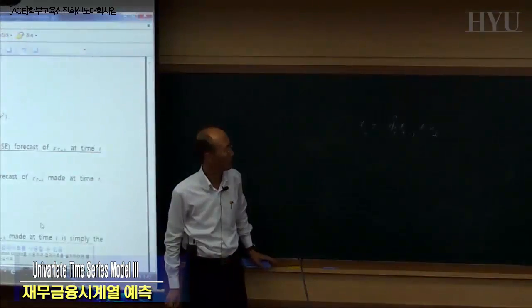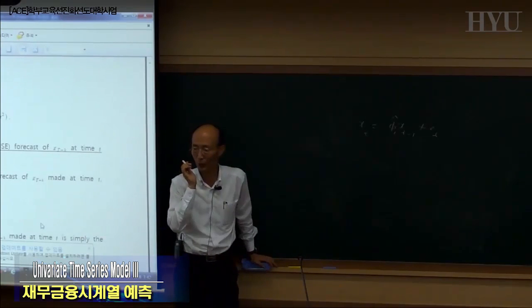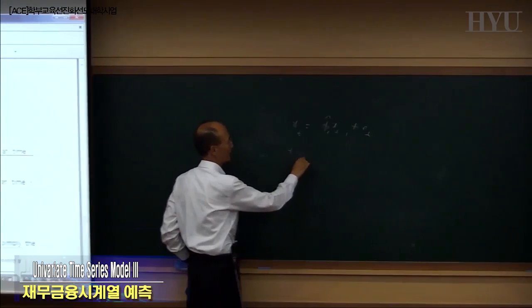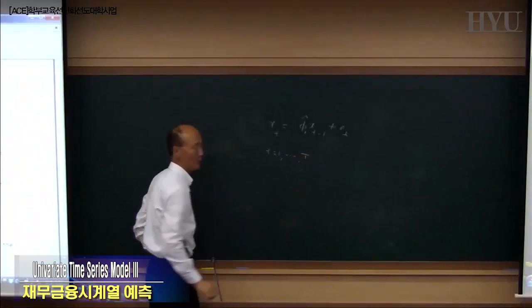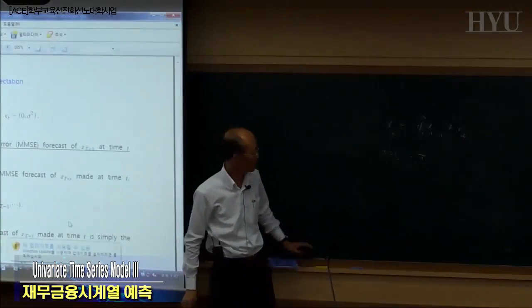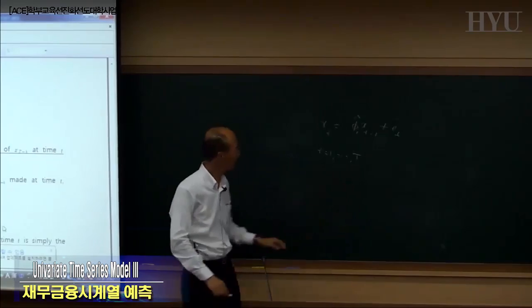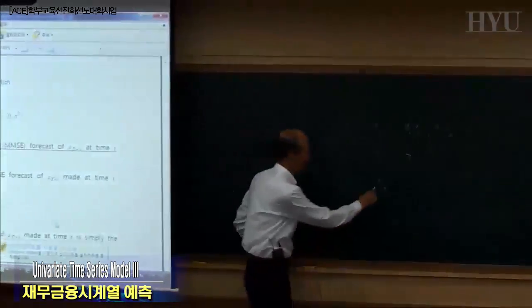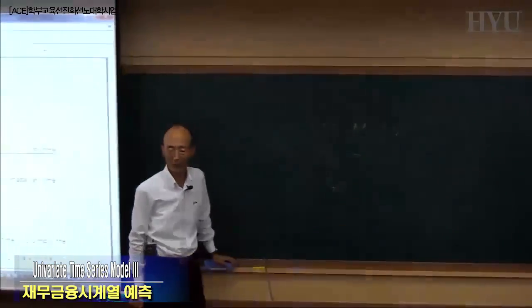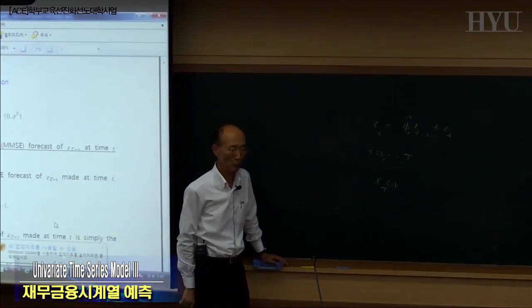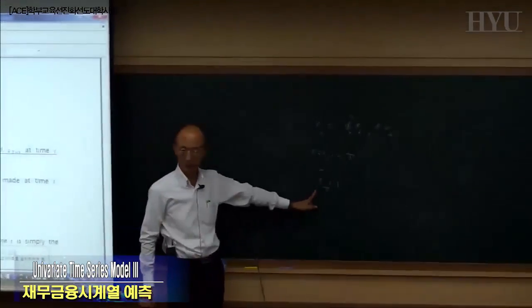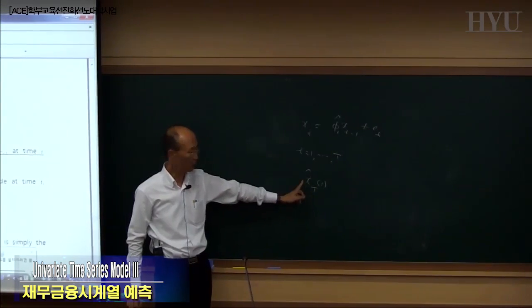Now we try to talk about how to calculate a forecast. Suppose you are at time capital T, the last observation you have. You are interested in what the value is next period, so T plus 1. Use notation like this one. This is your forecast. How do we generate this forecast?